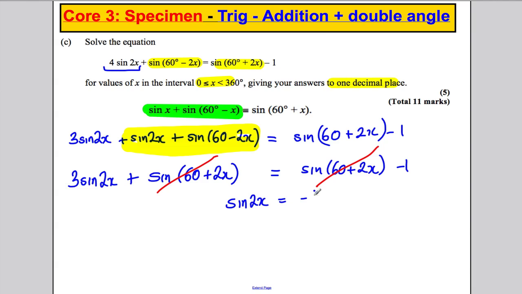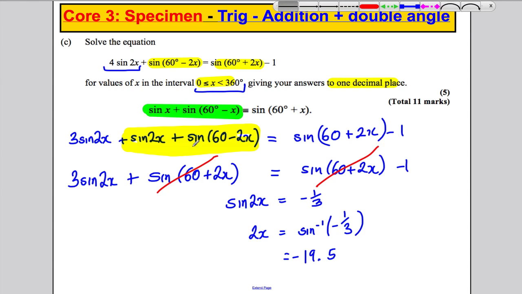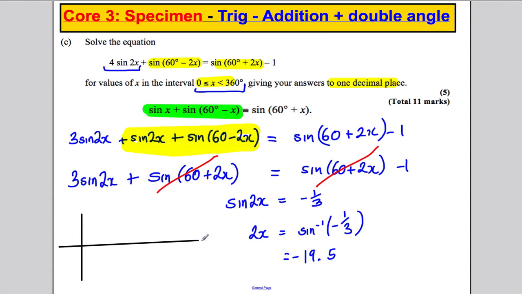Sine 2x is negative a third. To get 2x, your principal value, take the inverse sine of negative a third on your calculator in degrees mode. So inverse sine of negative a third should give you a principal value of negative 19.5 to 1 dp, but that's not inside our range, but that doesn't matter because we'll just draw our range out here.